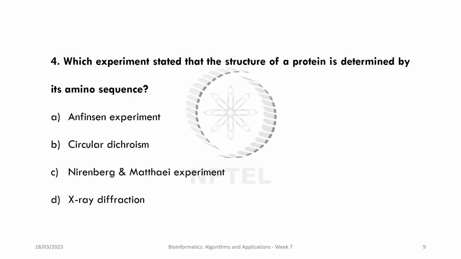Question 4. Which experiment stated that the structure of a protein is determined by its amino sequence? Option A. Anfinsen experiment. B. Circular dichroism. C. Nirenberg and Matthaei experiment. And D. X-ray diffraction.